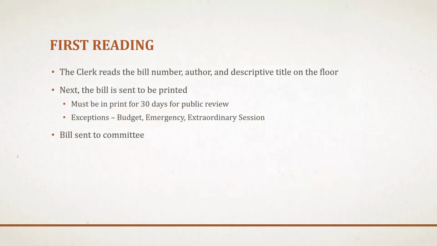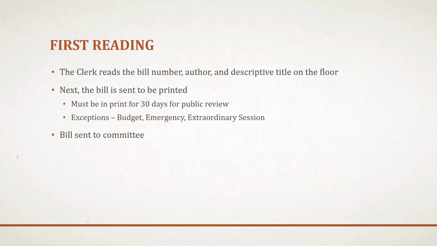It has to be out there for 30 days, just like when you guys post an ordinance at City Hall for a new resolution, whether you're passing a new cannabis law or adding a 1-cent sales tax or something like that. You have to print it for public review.